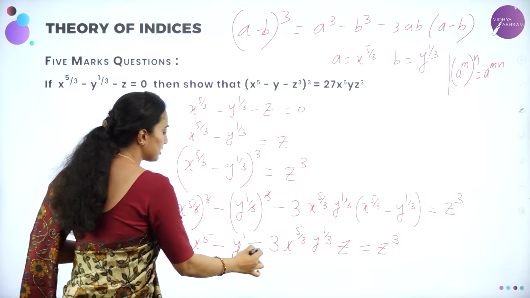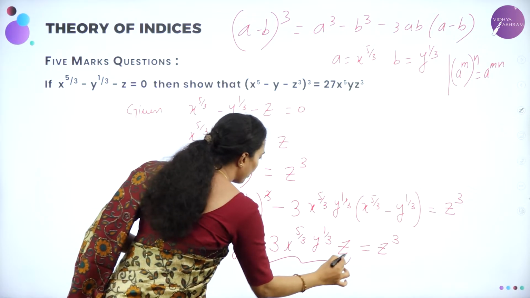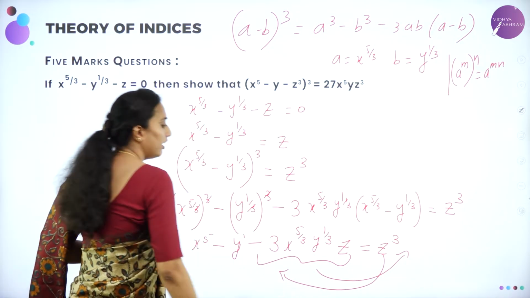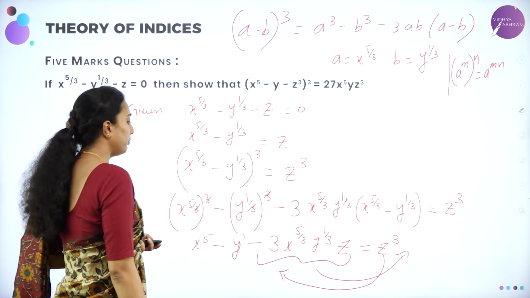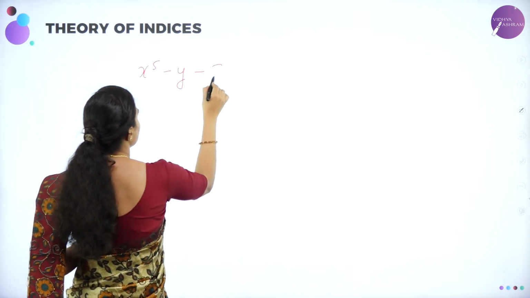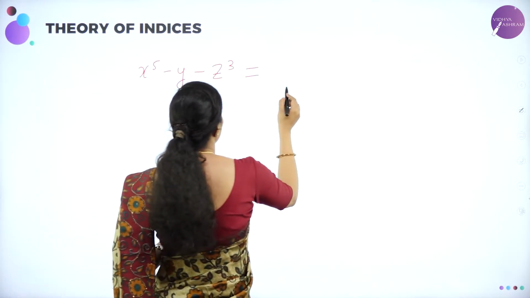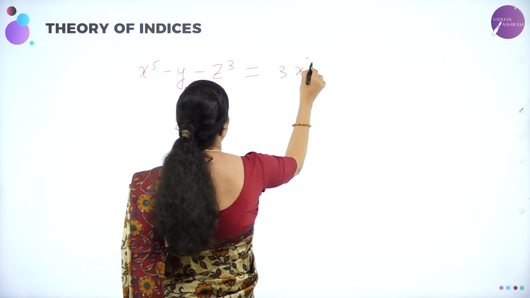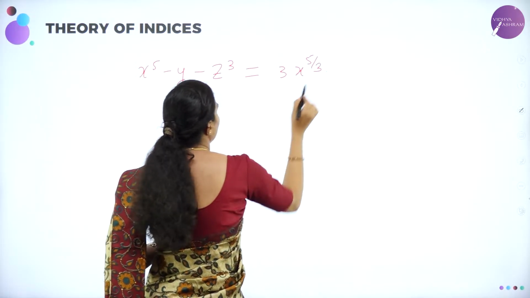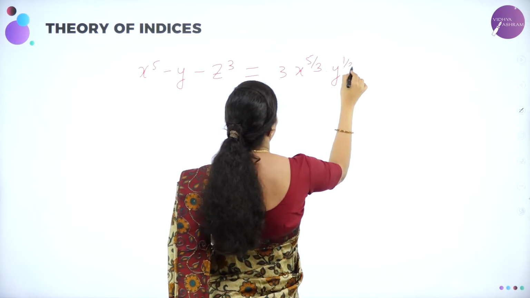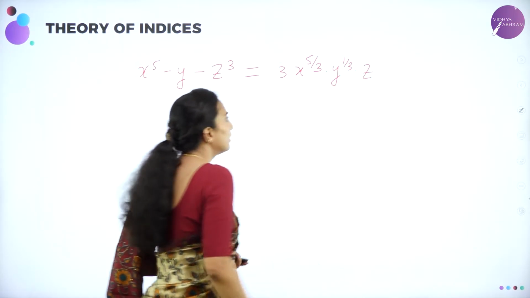If this minus sign I take to the right hand side, and this I bring to the left hand side, got? So what it will become? Minus z cube will be equal to 3 x to the power of 5 by 3 into y to the power of 1 by 3 into z, isn't it?